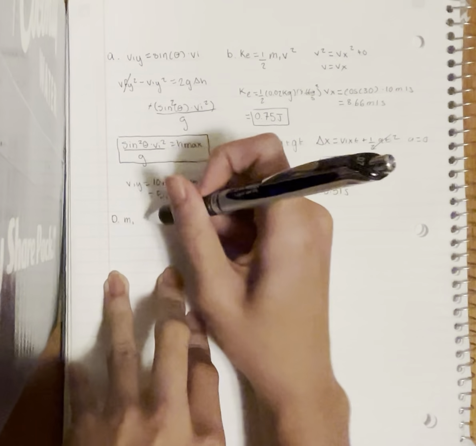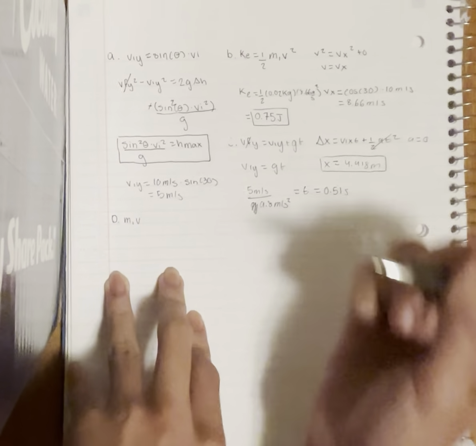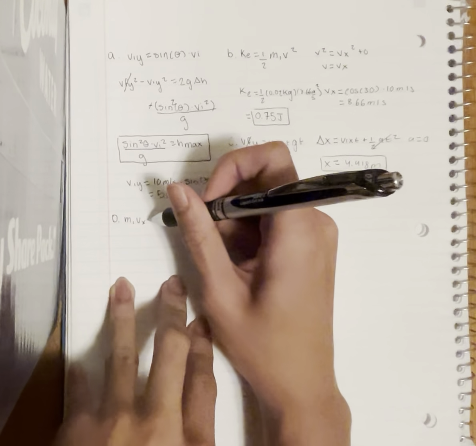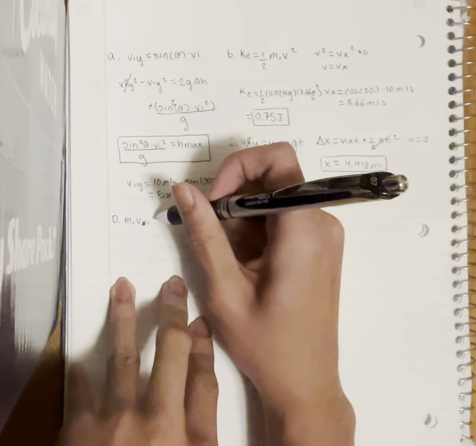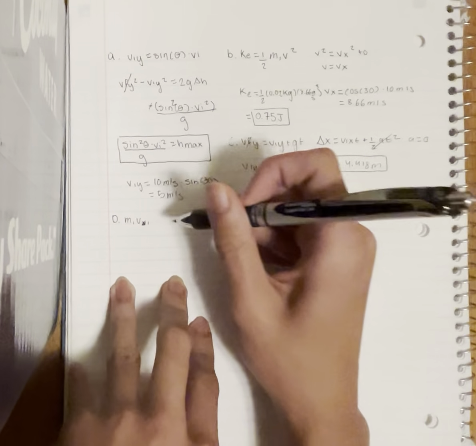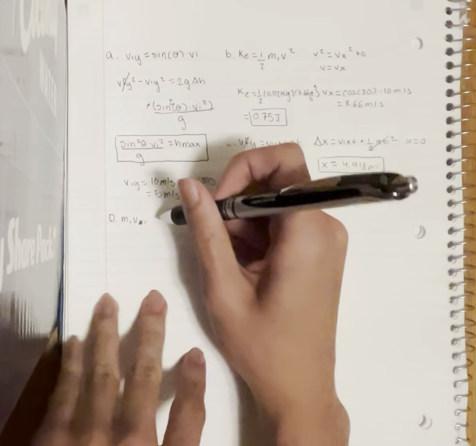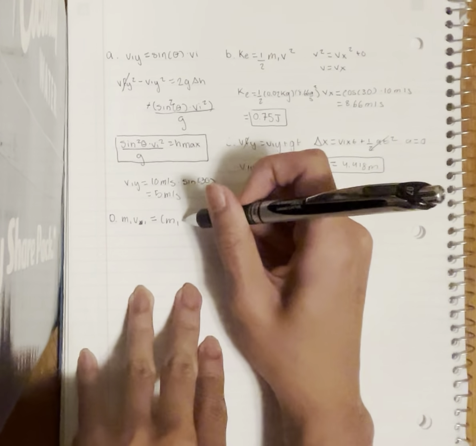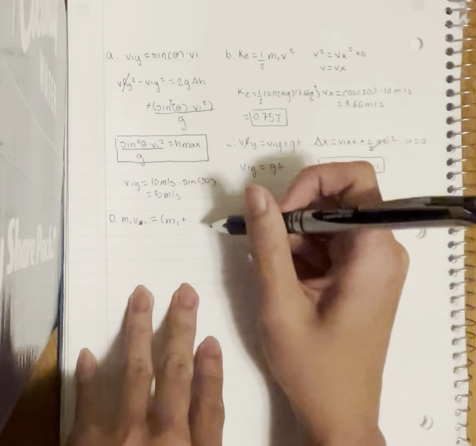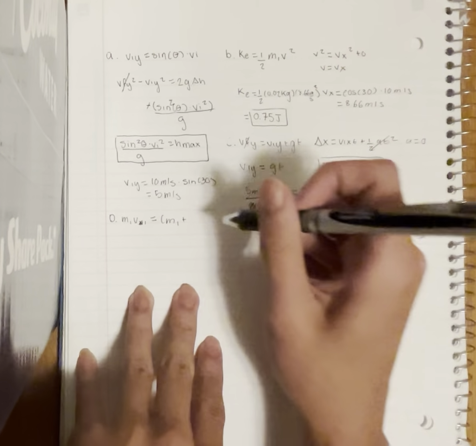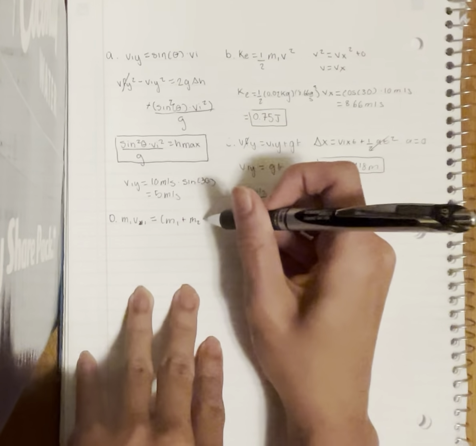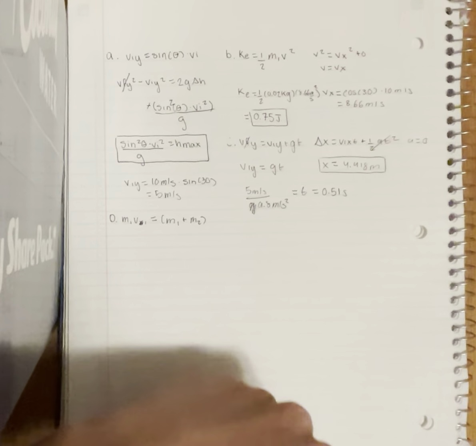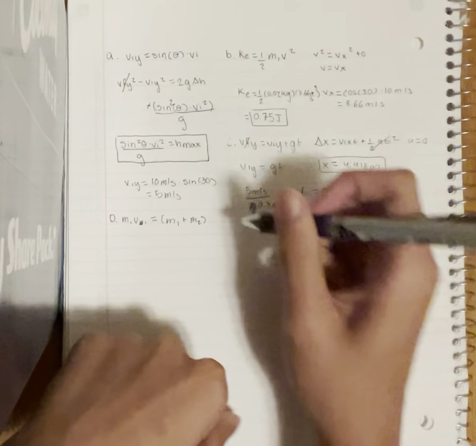So m1 times v1, which is basically vx, is equal to, since it's an inelastic collision, m1 plus m2, where m2 is the mass of the block, because it's the only other mass in the problem, times vf.